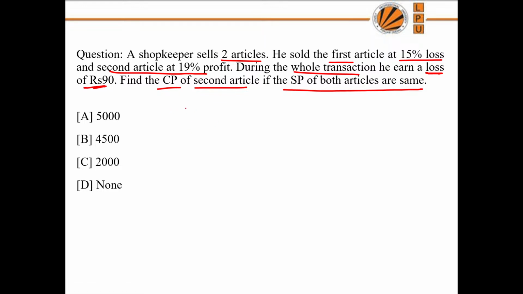Let's see how. Let's say first article and second article, CP and SP. Let's say CP of first one is 100x, CP of second is 100y. Now, first one was sold at 15% loss.